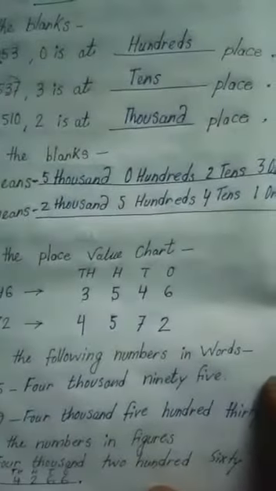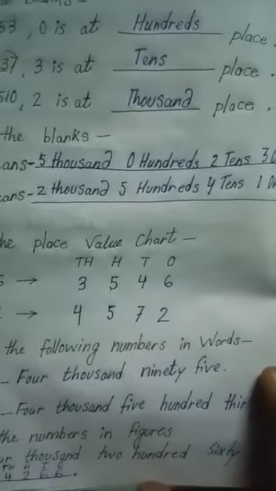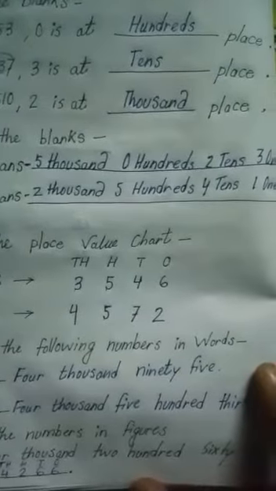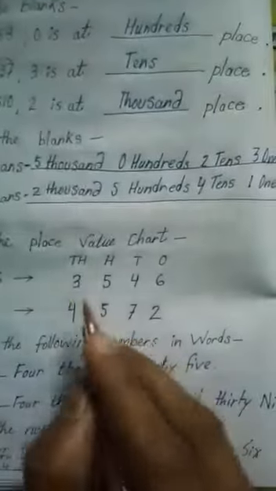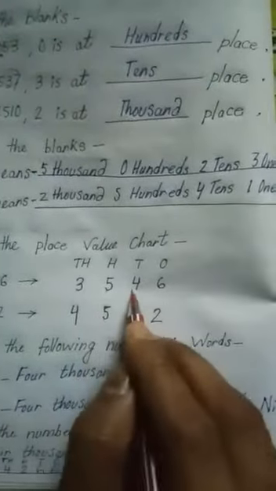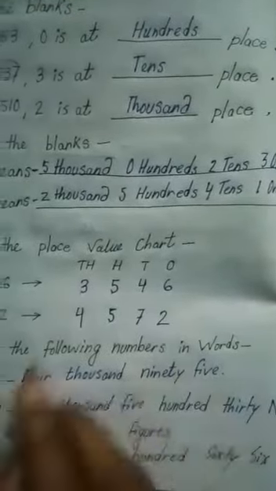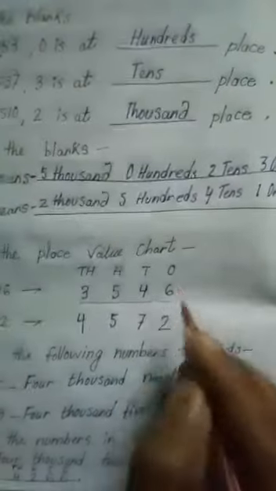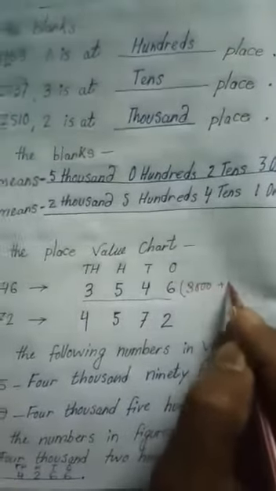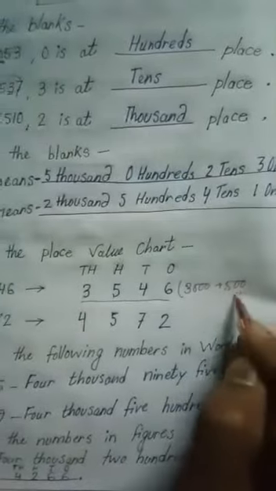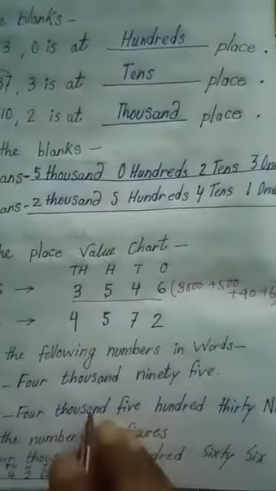And part C, the number is given, you arrange the number in the place value column: 1000, 100, tens, ones. 3000, 500, 4 tens, 6 ones. I also explain how to break that number: 3000, 500, 40 plus 6.